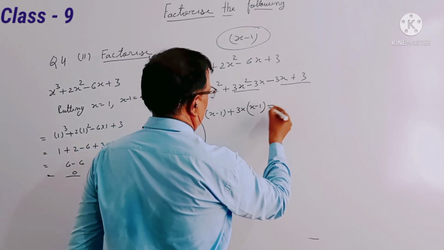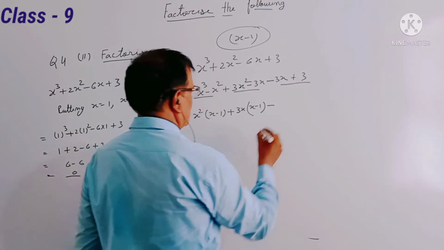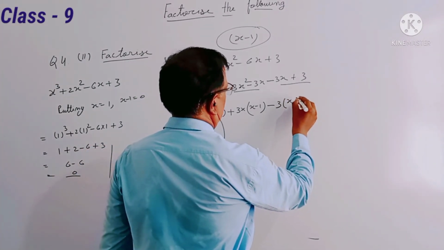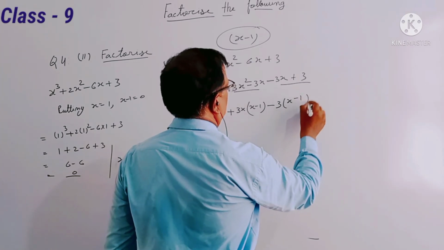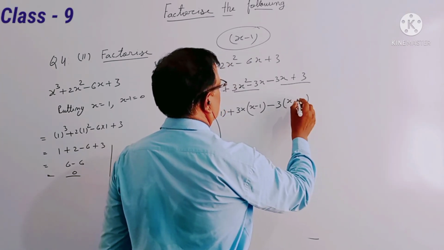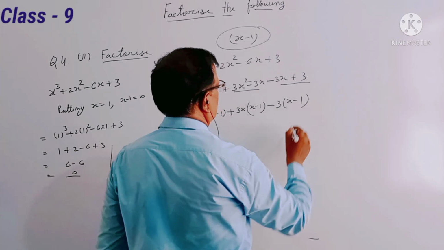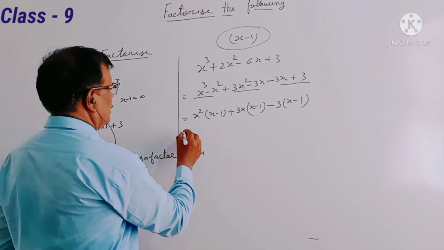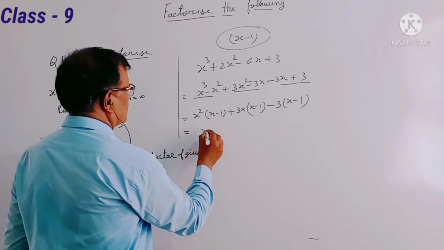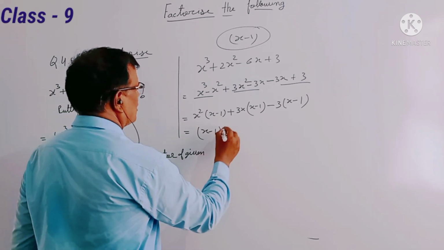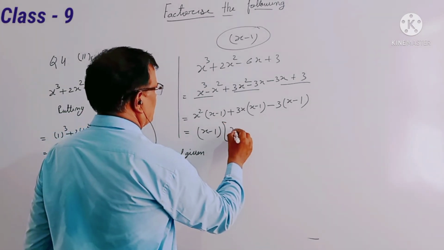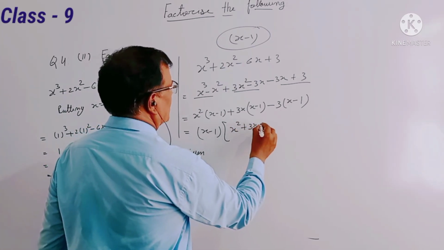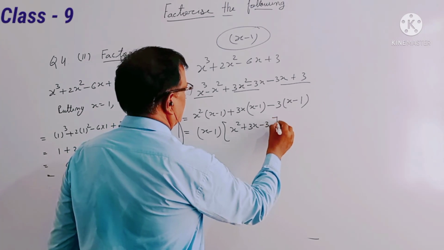In the next bracket we have common minus 3, then here will remain x minus 1, because we have taken the minus sign as common, so change the sign in the bracket. Now we are seeing here x minus 1 is common. Now in the bracket here will remain x square plus 3x minus 3.